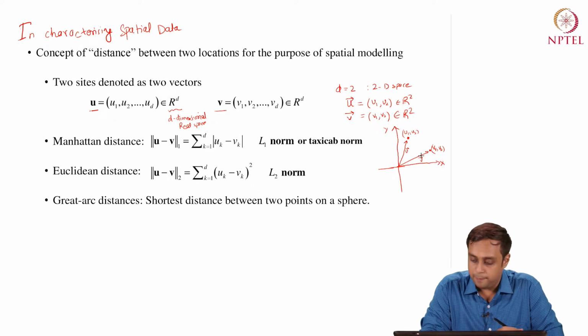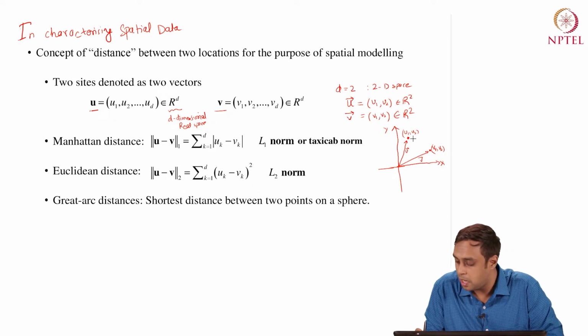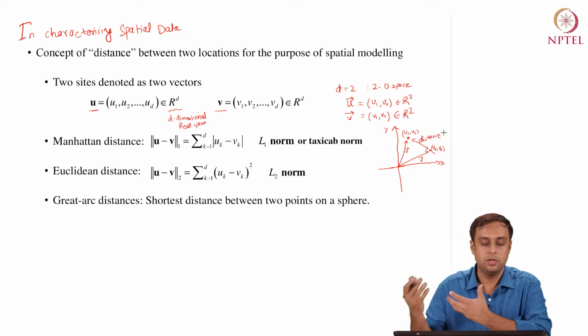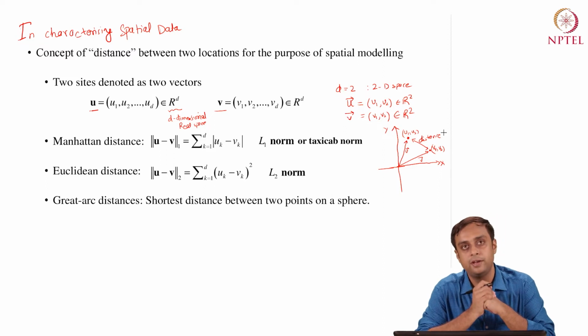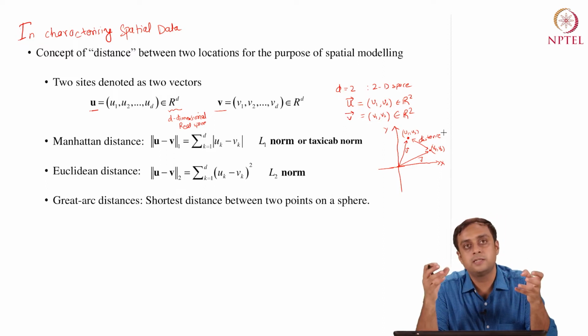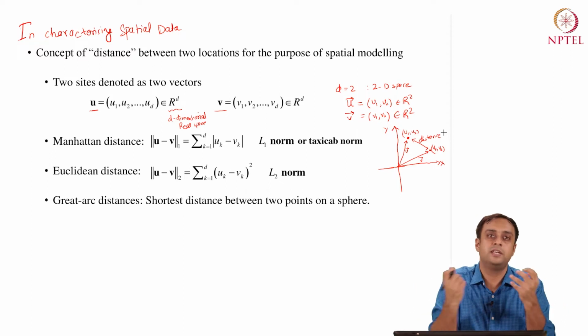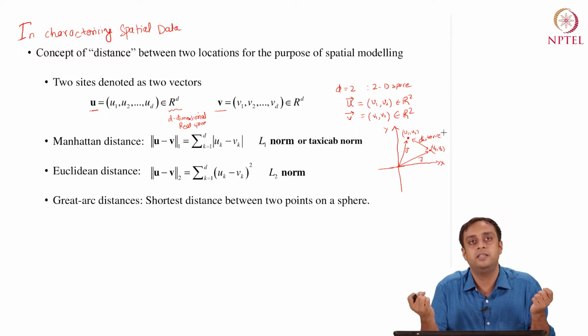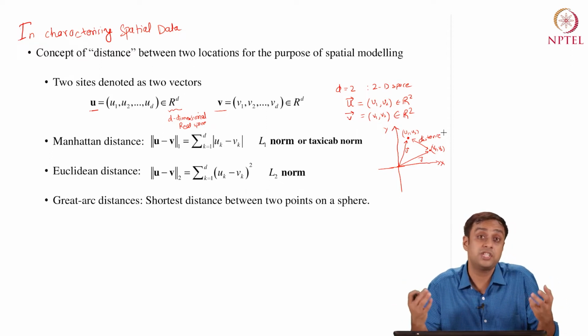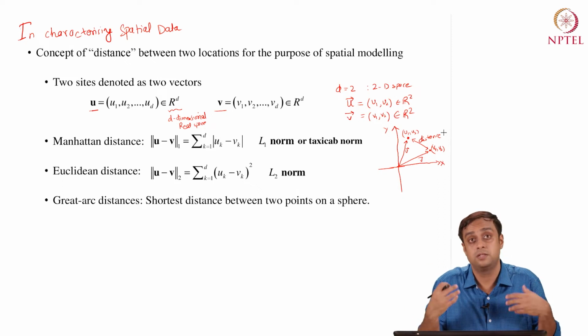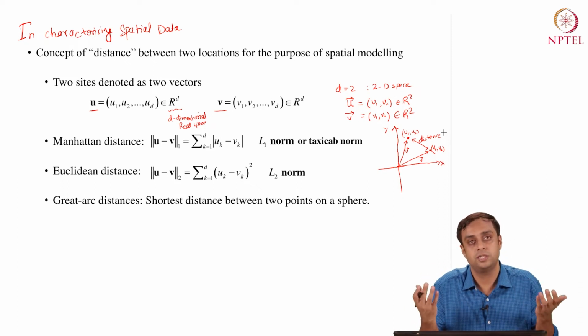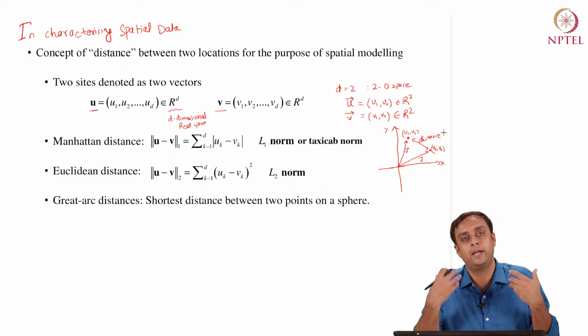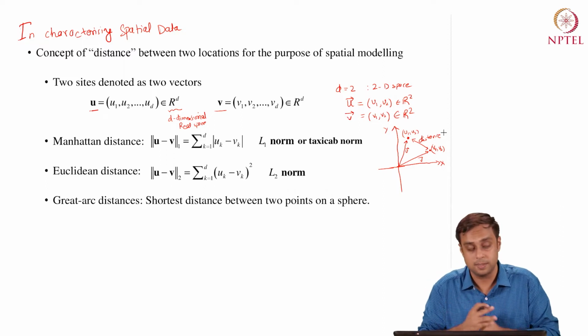Given these, the question is, how do I figure out the distance between these two spatial locations, right? Unless we are able to measure this distance, we will not be able to characterize the dependence between the observations, or the random variables, that we see at these two locations. So to be able to characterize that, we need to characterize distance.